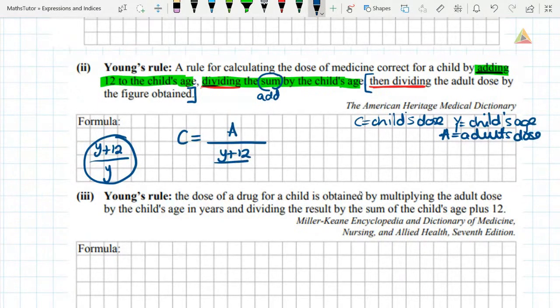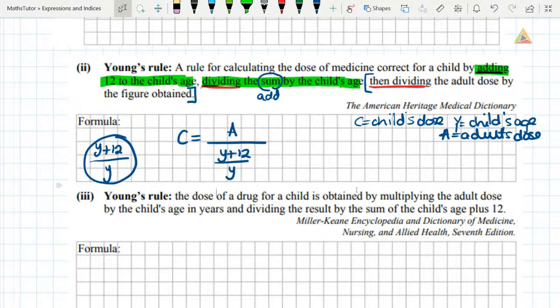So Y plus 12 over Y. And we don't need to simplify that any further because that's what the question asked me to write it as. So the adult's dose divided by the child's age in years plus 12 divided by the child's age in years. And it looks very complicated, but when we break it down, we're just taking each part of that question and breaking it down with our variables and following what the sum asks us to do.